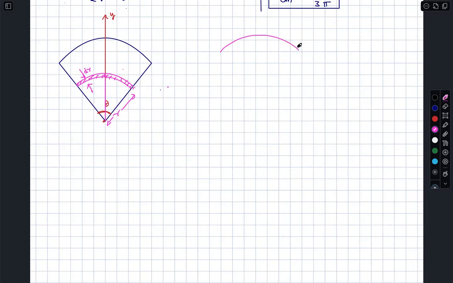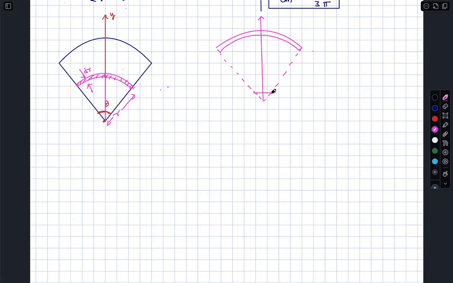For an arc like this, I have done one mistake in the location of center of mass of this arc.